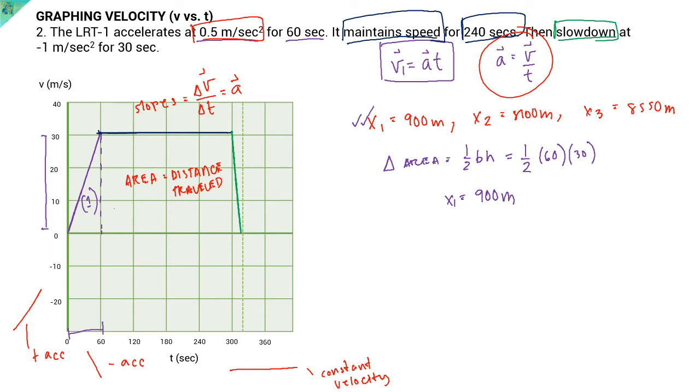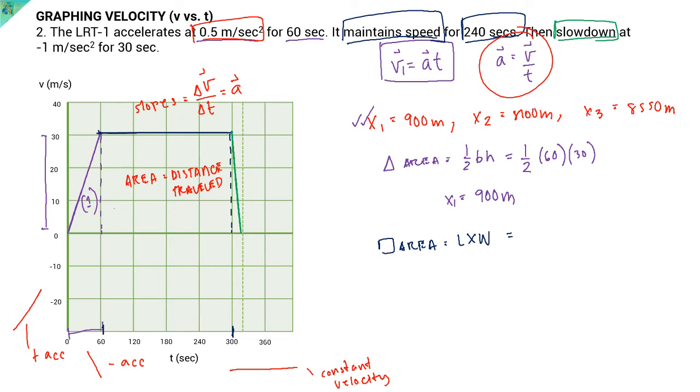Next, for situation number 2. Situation number 2 happened for about 240 seconds. That's from 60 to 300. So, ito yon. Okay, so as you can see here, instead of being a triangle, it's now a rectangle. And the formula for the area of a rectangle is, of course, length times width. So using our situation here, yung haba niya is of course still the time.